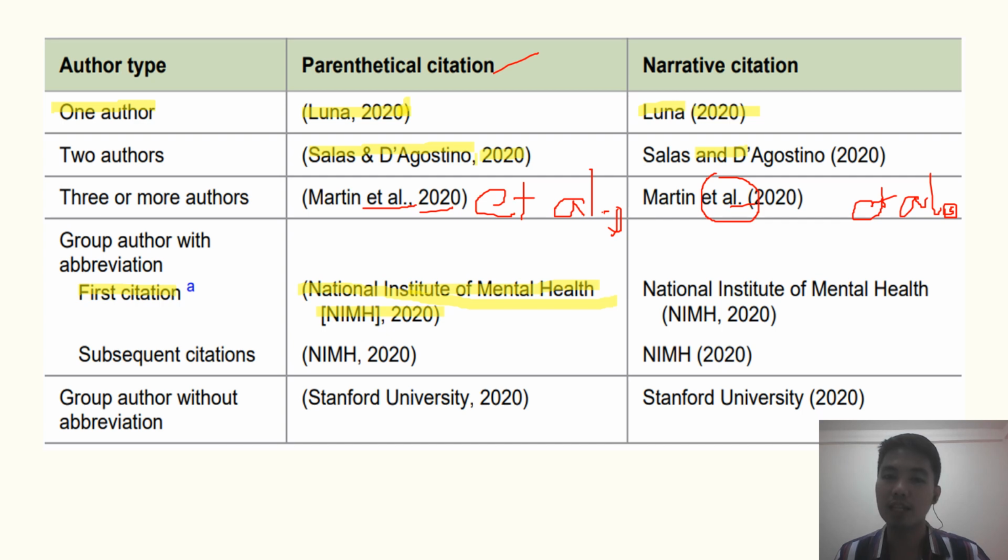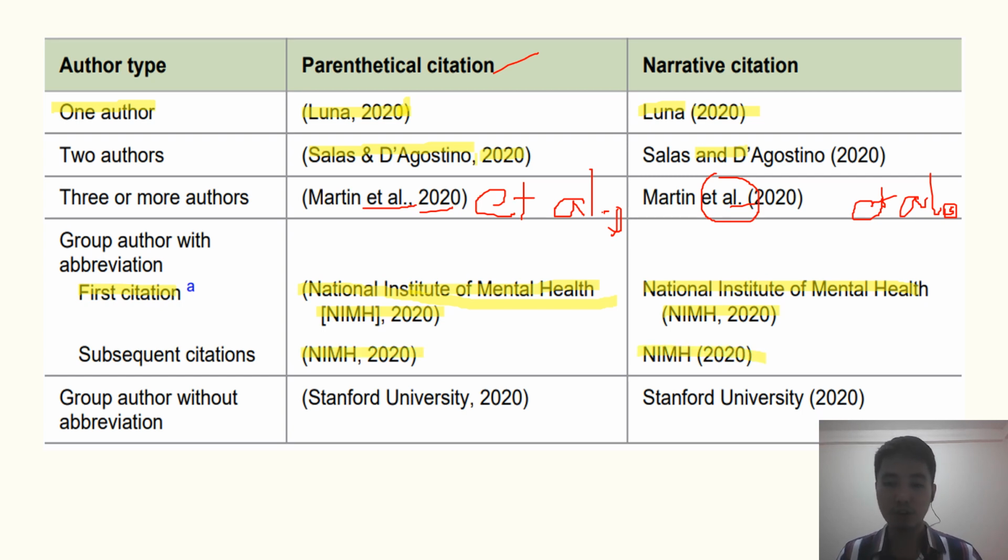So for your narrative citation, ganun din, no? The exact name of the organization is spelled out, and inside the parentheses, andun na po yung abbreviated form. Okay, so for your subsequent citations, pwede na po natin gamitin yung abbreviated format niya.